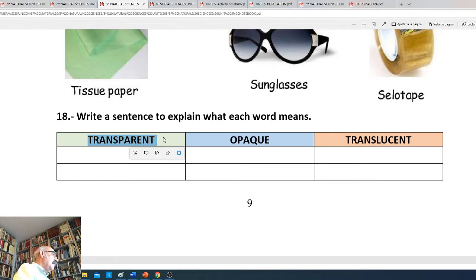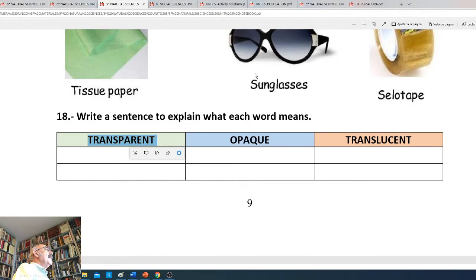A transparent object is an object that lets light pass through it. Okay, so this is different from an opaque object, and translucent is in the middle.